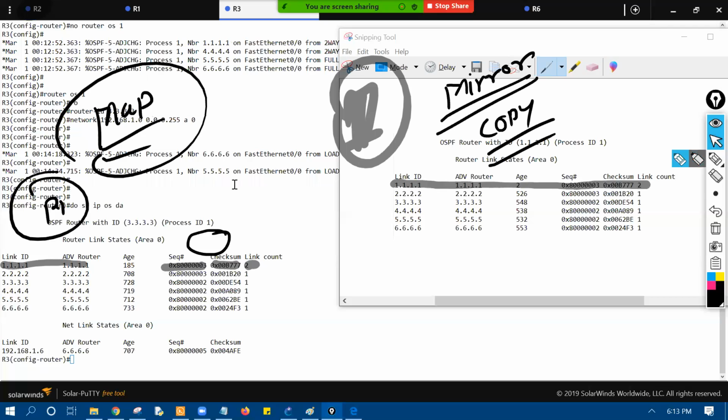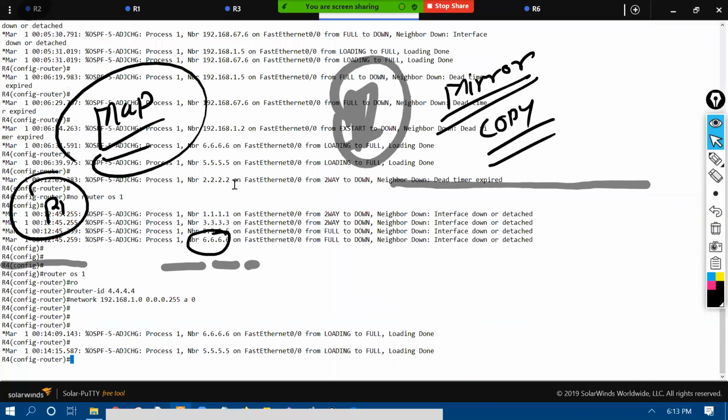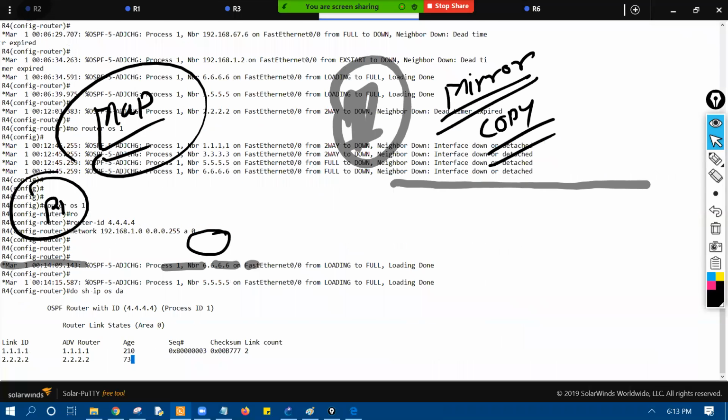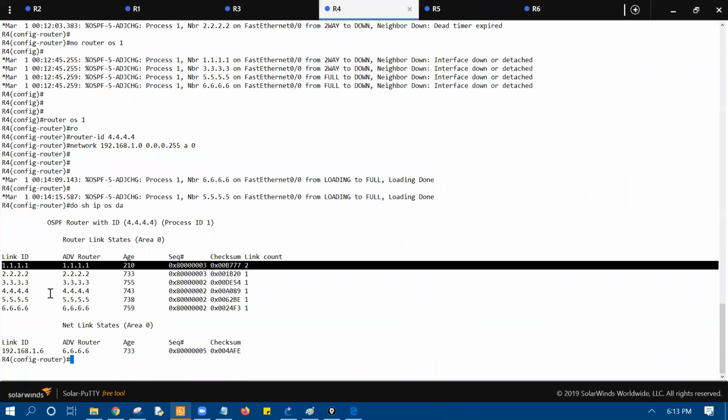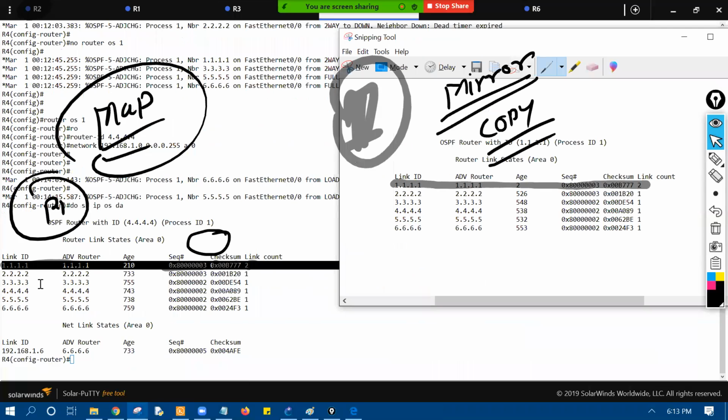If you go to R4, same information. Not only for R1. Even if you check any other LSA, even if you go for 2.2.2, 3.3.3, 4.4.4, everyone has the same information. Nothing is different.